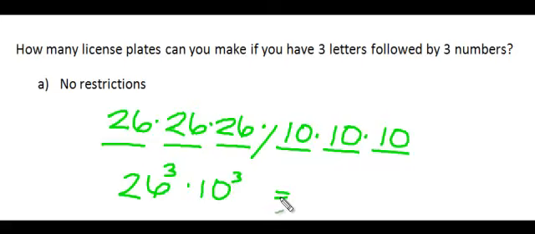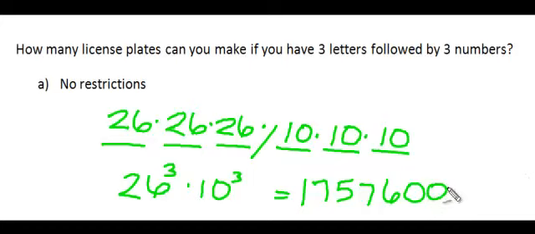Let me get my calculator here. That gives us 17,576 times 10 to the third. So we can make 17,576,000 different license plates.